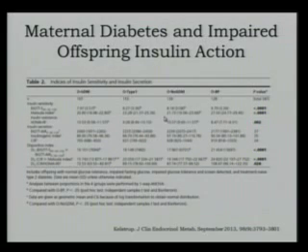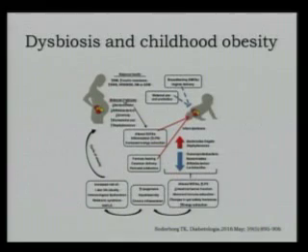We talked about mitochondrial biogenesis and PGC1 alpha, but if you're looking at insulin production and insulin action, you find that in the offspring born to gestational diabetes mothers and also in offspring born to type 1 diabetes mothers, you have a reduced insulin production, but at the same time also predominantly a reduced insulin action. So talking about insulin resistance, long before they were diagnosed with diabetes.